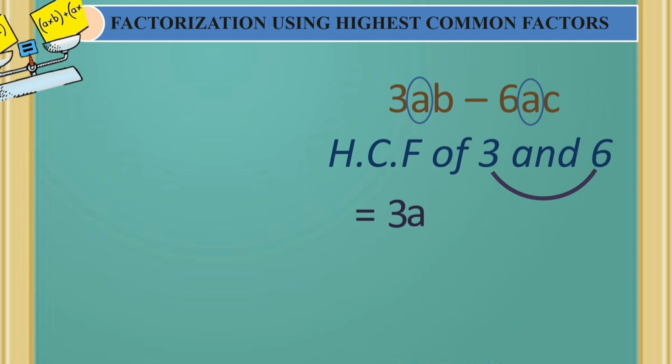Next, we use 3a to divide each term. So 3a into 3ab is b. Minus 3a into 6ac is 2c. How? 3 into 6 is 2, and we take out a and then we have c. So 3a into 6ac is 2c. This is the required answer.